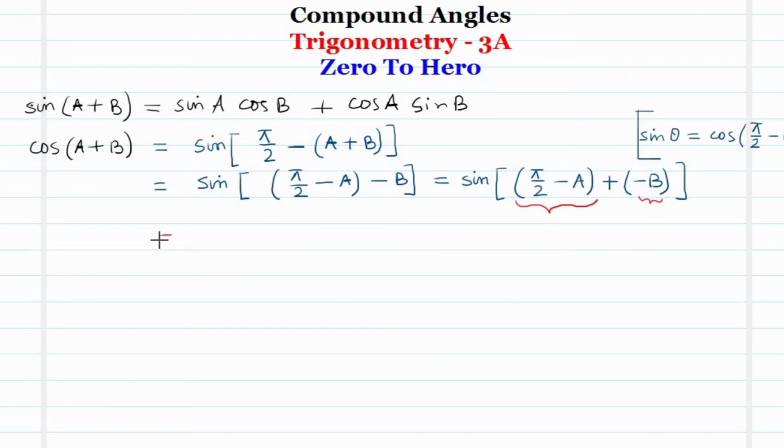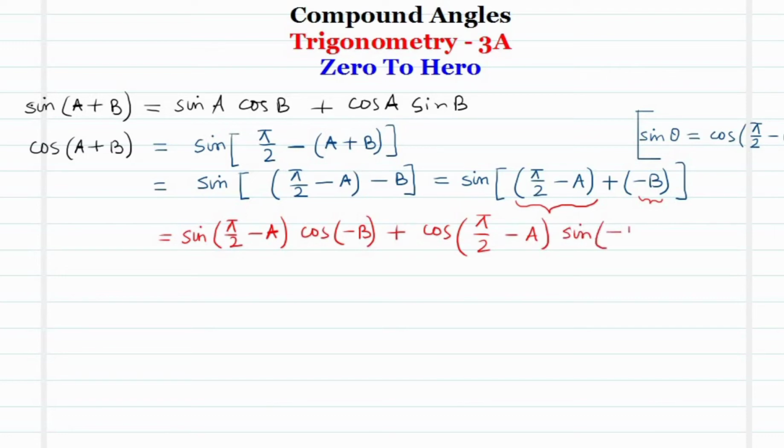So what is the formula? The formula is sin a, that means pi by 2 minus a, cos b, that is cos of minus b, plus cos a, that is pi by 2 minus a, into sin b, that is sin of minus b here. So applying the result once again, sin 90 minus a is equal to cos a. Cos of minus b is cos b only.